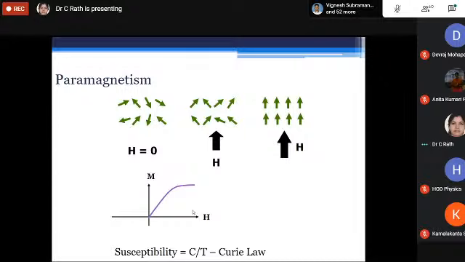And that gives perfect diamagnetism in a superconductor. In paramagnetic material, however, we only achieve up to this linear increase region, not the saturation region. And this susceptibility decreases with increase in temperature, and that gives rise to the Curie law.